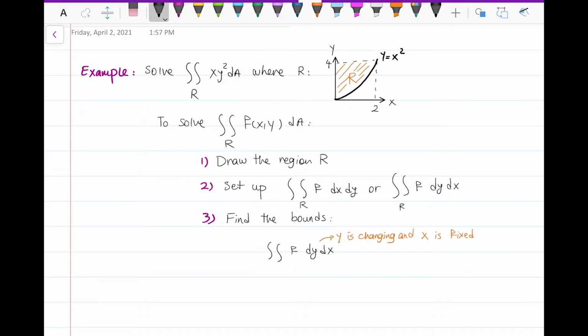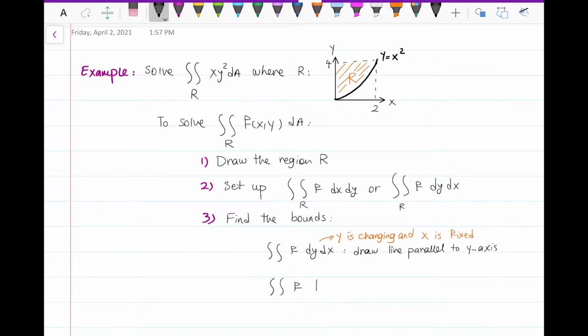And so in that case, all you need to do is to draw a line parallel to the y-axis. So when we have dy dx, draw a line parallel to the y-axis.